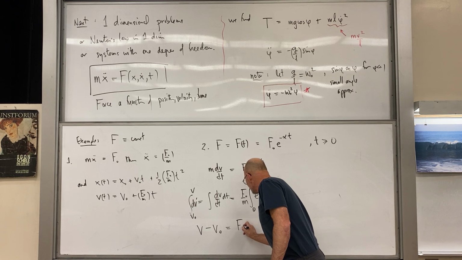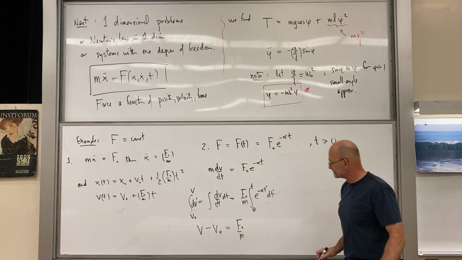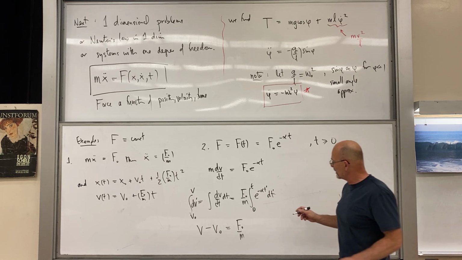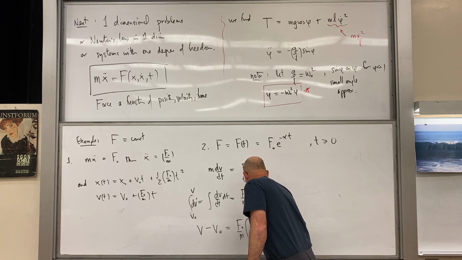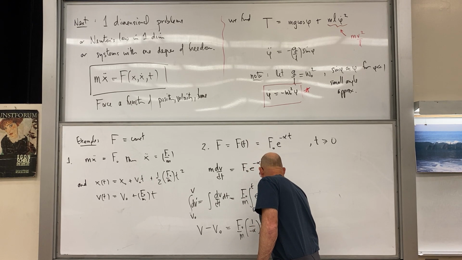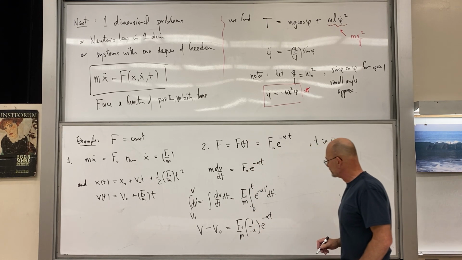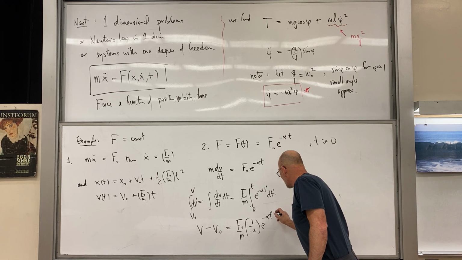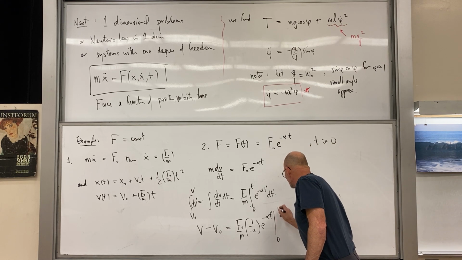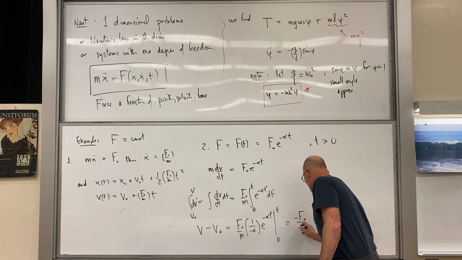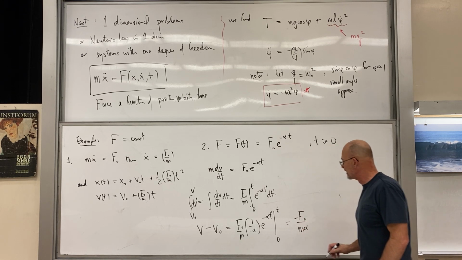On the right side, we've got F naught over m, and we have to do this integral here. We have 1 over minus alpha e to the minus alpha t prime evaluated 0 to t, so we have minus F naught over m alpha.